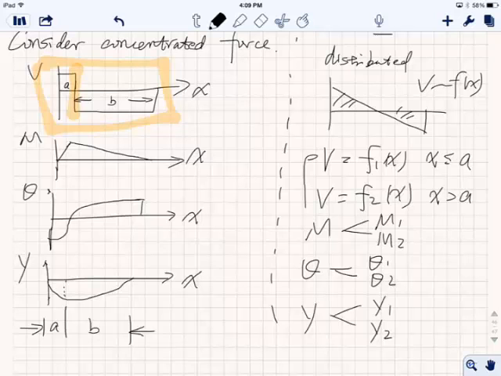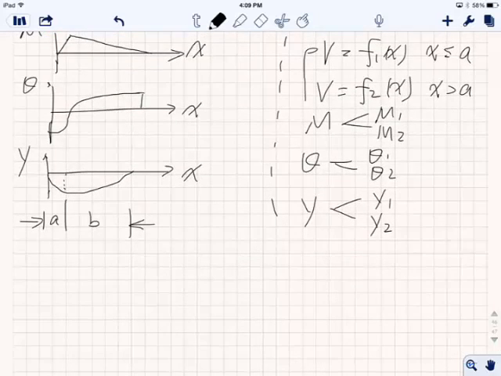Alright, so I'm not going to repeat what we did for the integration. You can do that if you're interested. I'm just going to write out the final answer.